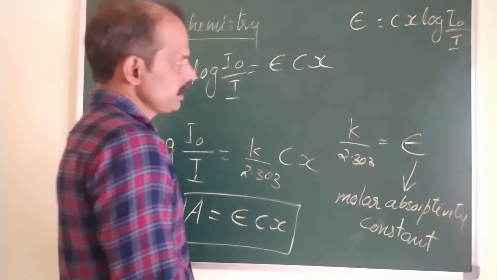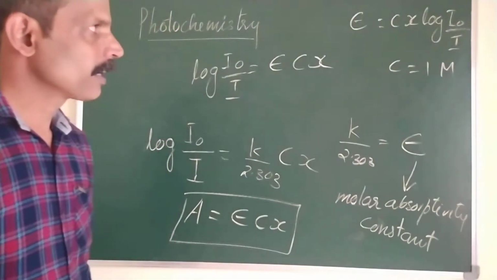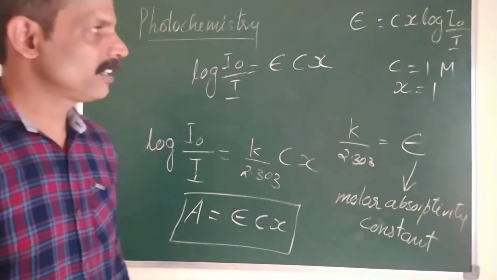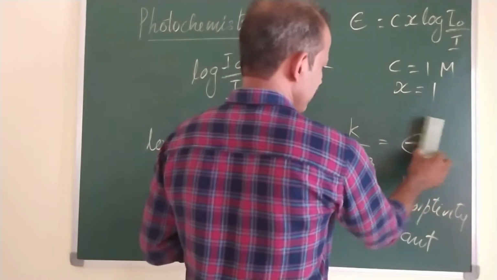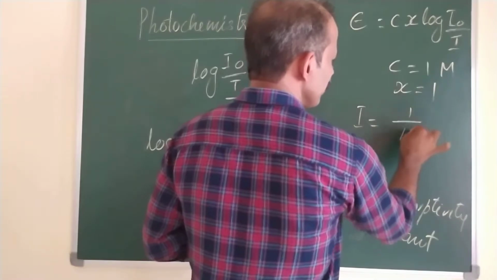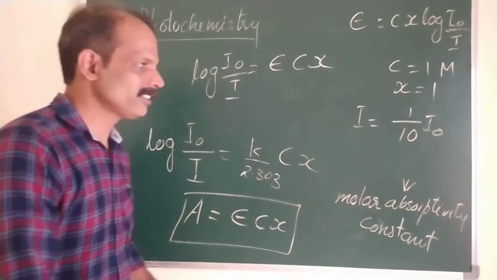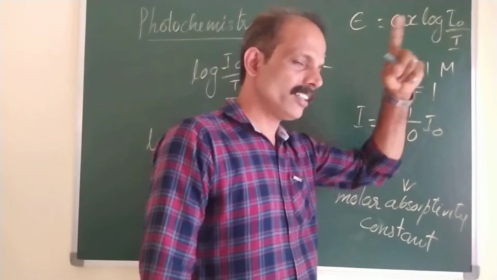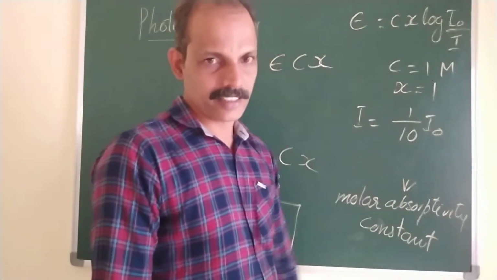Okay. So suppose when concentration is 1 molar and thickness of the medium is also taken as unity, and suppose I is equal to 1/10 of I0, that is the final intensity of the transmitted radiation, which is 1/10 of the intensity of incident radiation.